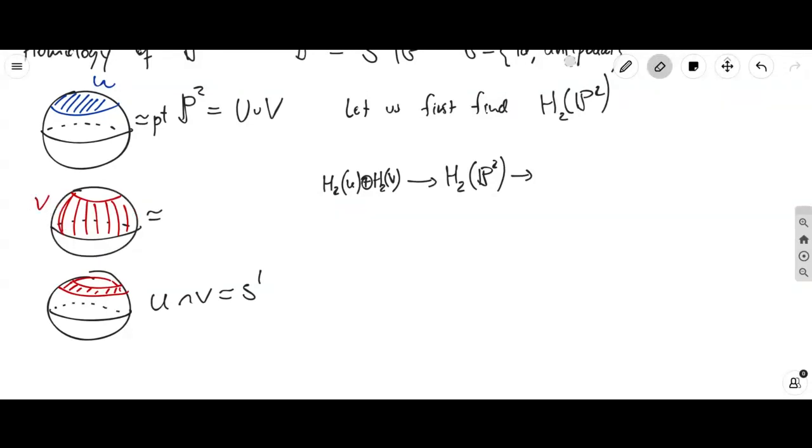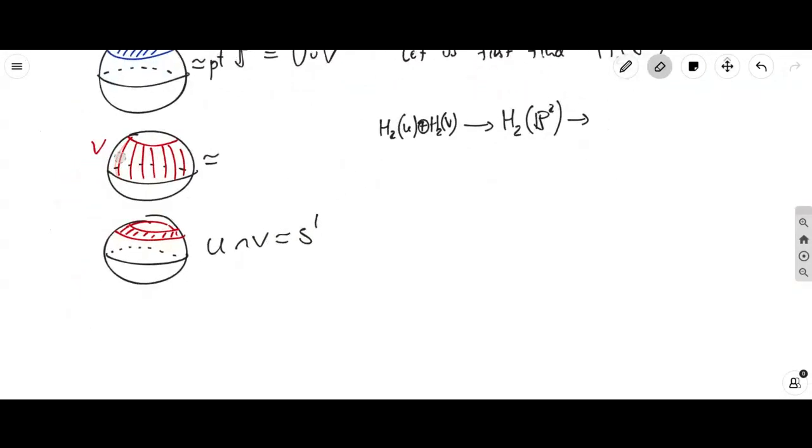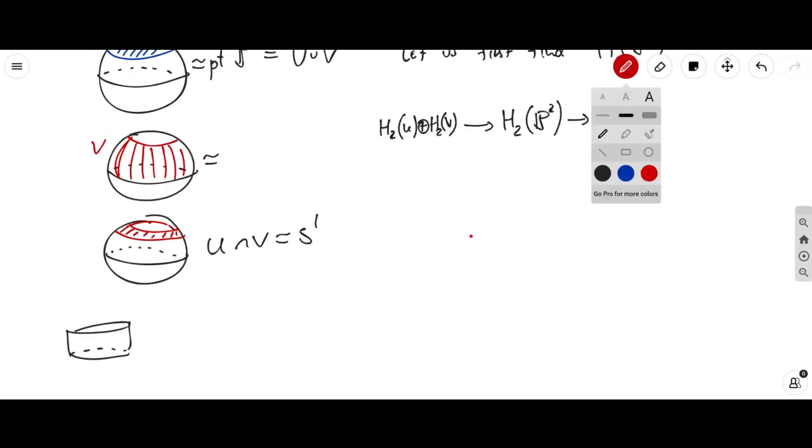Well, how do you even visualize what V is? Basically, you want to imagine a cylinder, and the points on the boundary of the cylinder are being glued with the points that are antipodal.